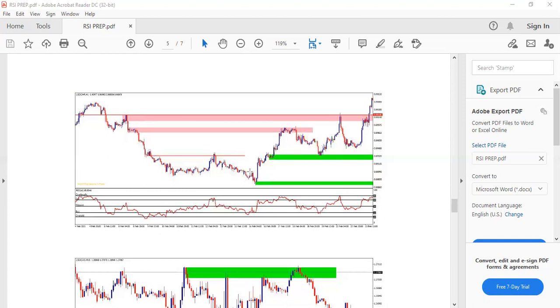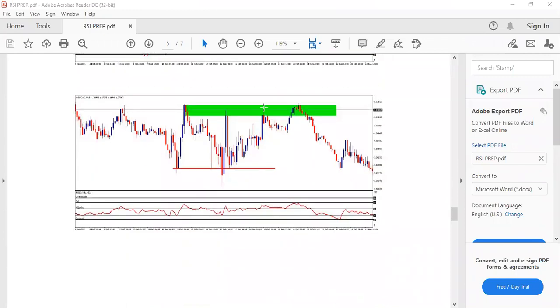Very, very important and simple concepts. You can also see here, this is our USD CAD. You can see this is our area of supply. Then price came to this point here, came at least 1, 2, 3 times. You can see when it was making attempts to touch this area, here and there, price wasn't really at these areas of interest.